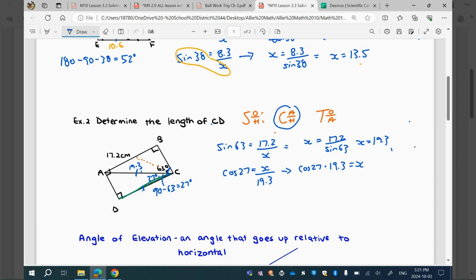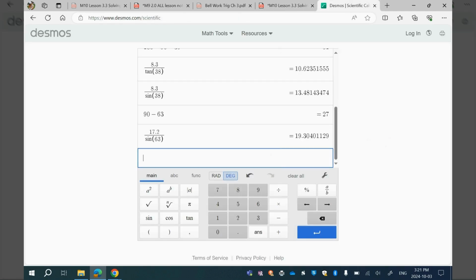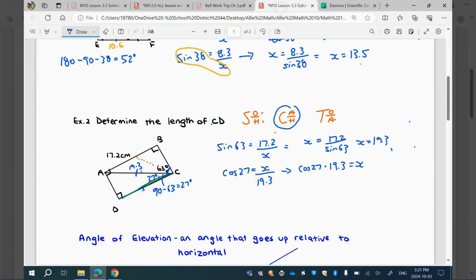So let's do that. Cosine 27, make sure you close your brackets, times 19.3 is 17.2. So x or CD equals 17.2.